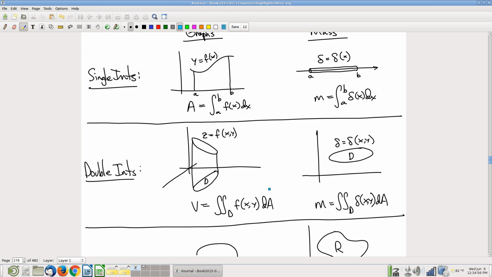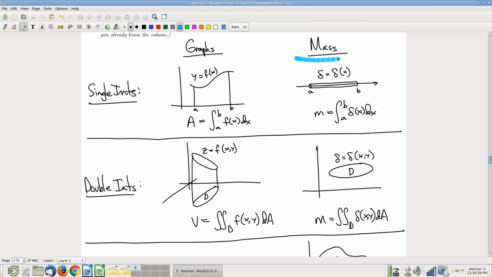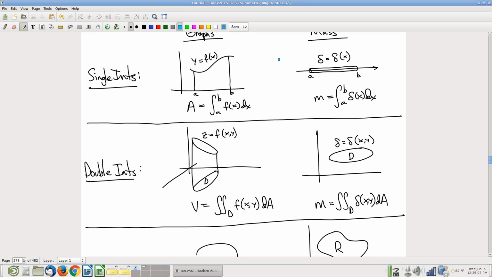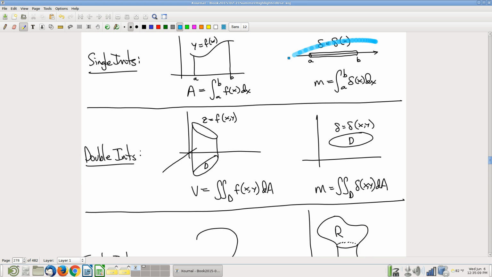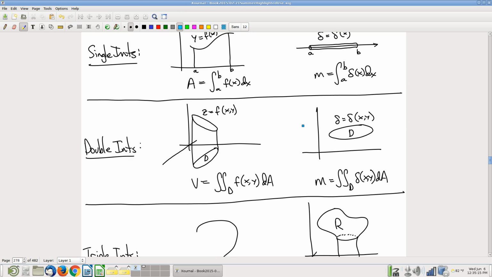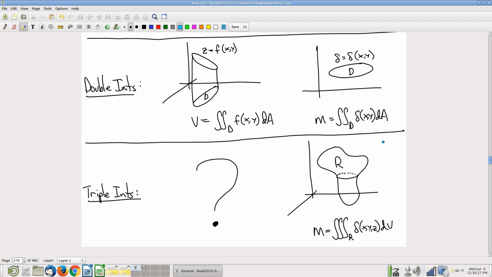On the other hand, in the mass category of applications, the analogy is fine. In fact, arguably the analogy is even easier than the previous steps. So in the same way that you can talk about mass of a one-dimensional rod or a two-dimensional region, let's just talk about mass of a three-dimensional solid.